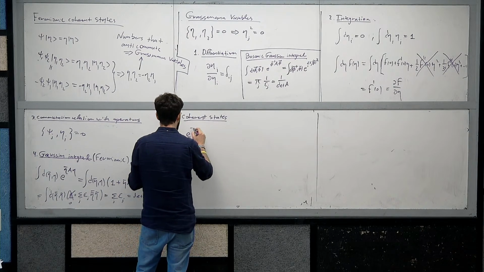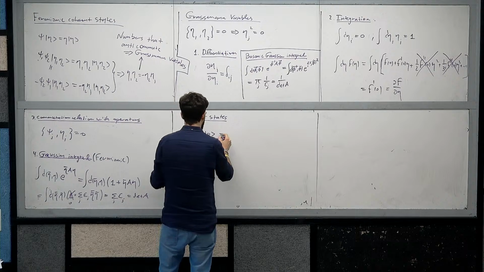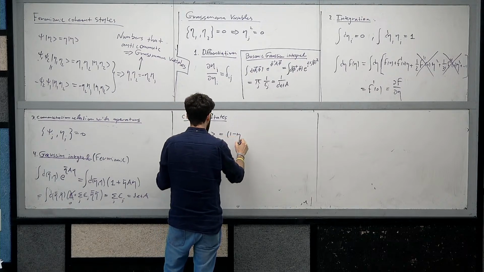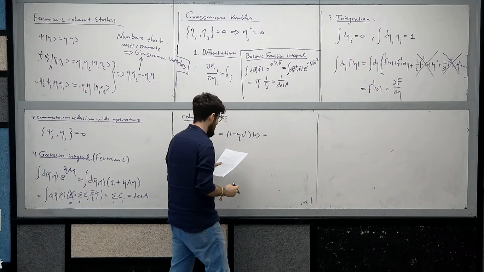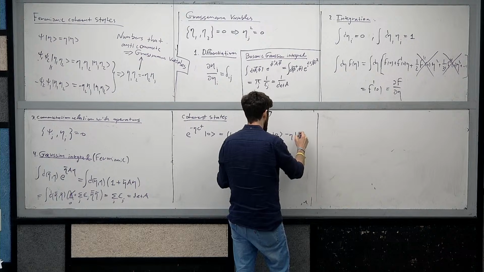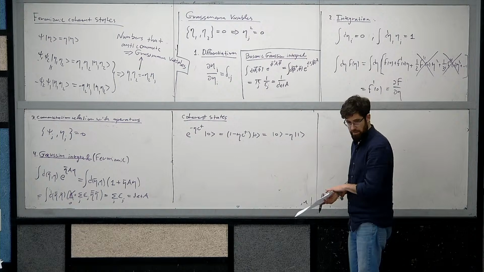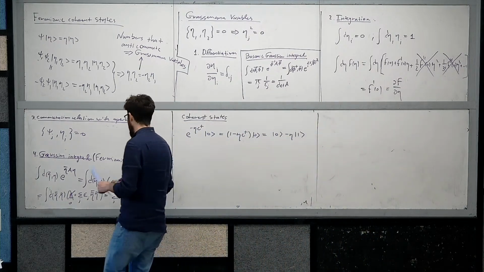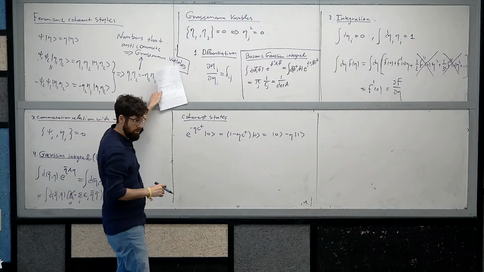We have e to the minus eta c dagger acting on 0, which is equal to 1 minus eta c dagger on 0. And this thing is 0 minus eta 1. And we claim that this is a state which gives us eta times the same state. And let's see how that works.